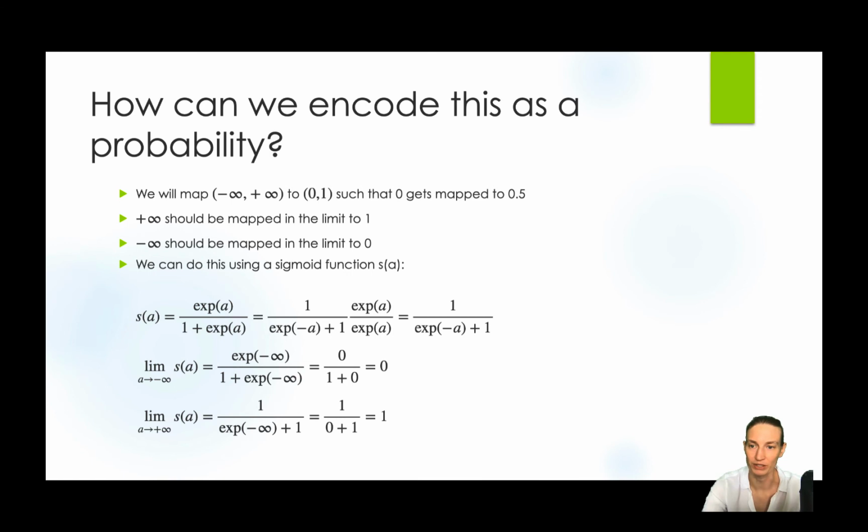Great, that's what we wanted. If we make a go to the limit of +infinity, it's easier if we use the rewritten form. In this case, again, we have e to the power of -infinity plus 1, which just results in 1. Perfect, this is what we wanted.